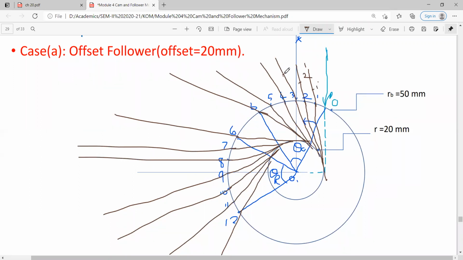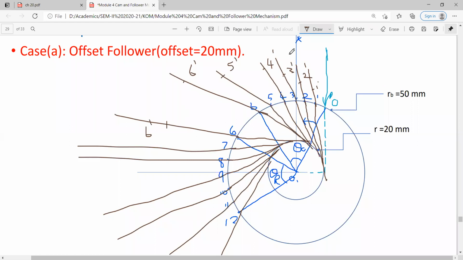Then you will mark 3 dash, taken from the displacement diagram. Then 4 dash, 5 dash, then 6 dash. Here also 6 dash. And you will mark like this 7 dash, 8 dash, 9 dash.